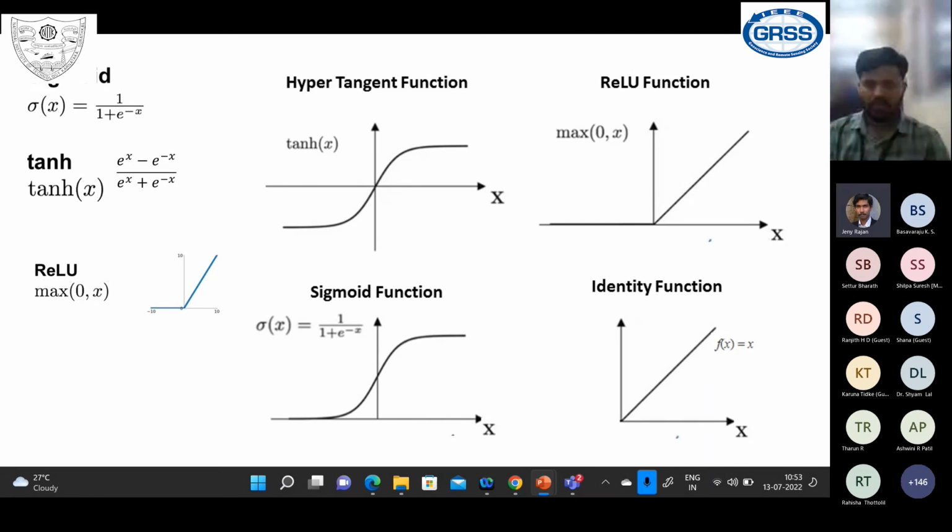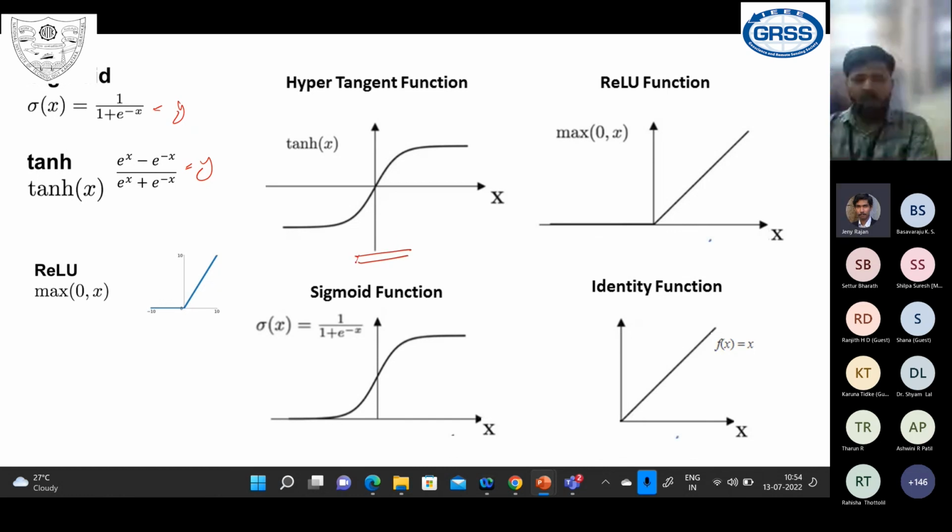So if you compare, this is how the sigmoid is defined, and this is how the TANH is defined. Right? If you compare sigmoid and TANH, you can see that sigmoid is bounded. The values are between 0 and 1, and in the case of TANH, the output is between -1 and 1. So both sigmoid and TANH are bounded, but TANH is zero-centered.